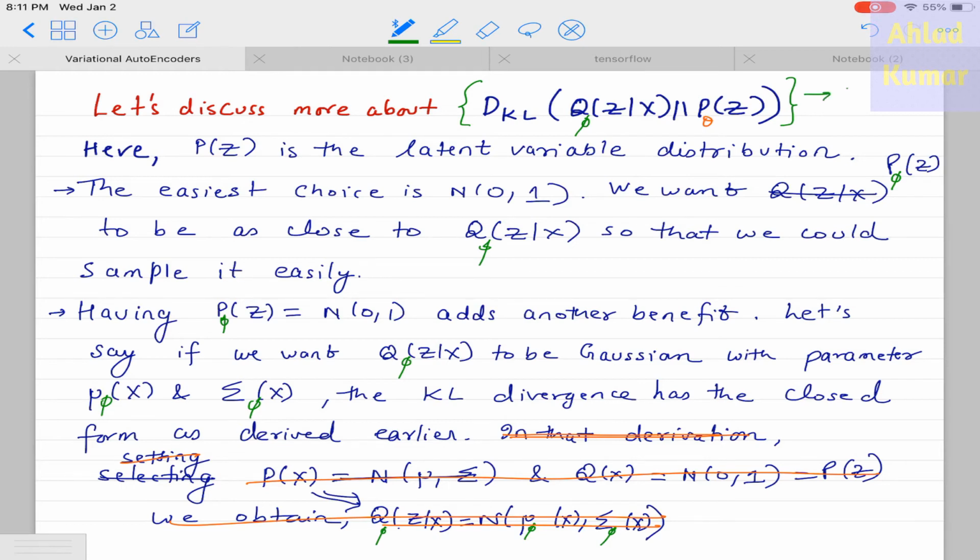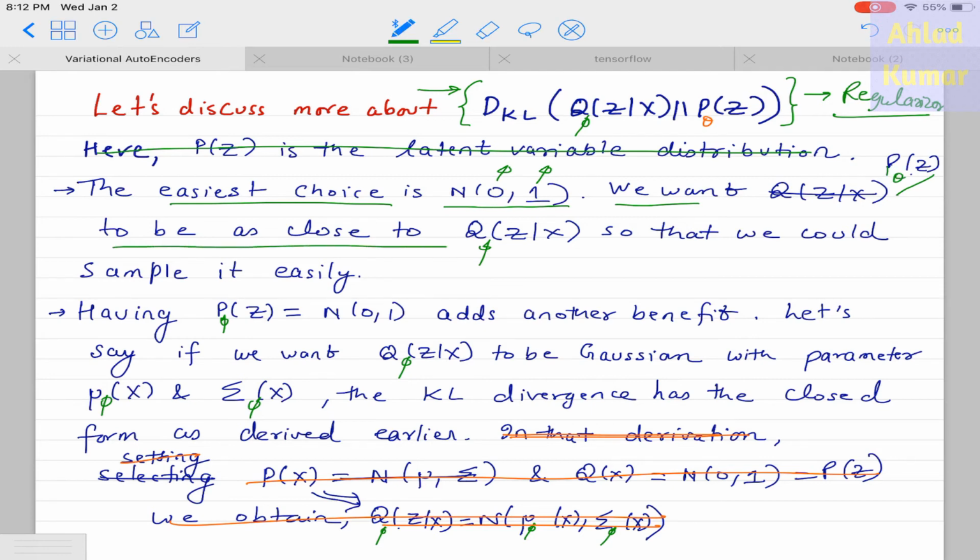What we want is an easy choice for the prior, that is p theta of z. So we take it as N(0,1), which has zero mean and unit variance. We want this p theta of z to be as close as possible to this q phi of z given x, which is unknown to us right now.